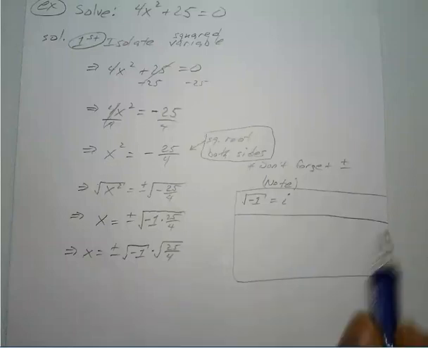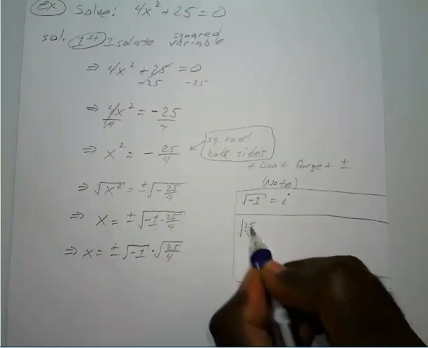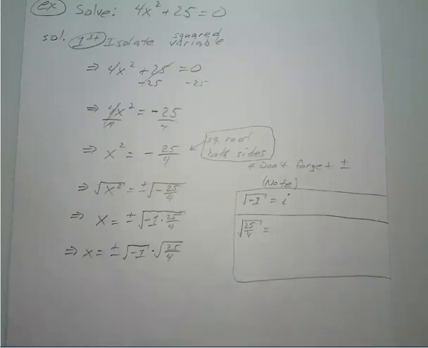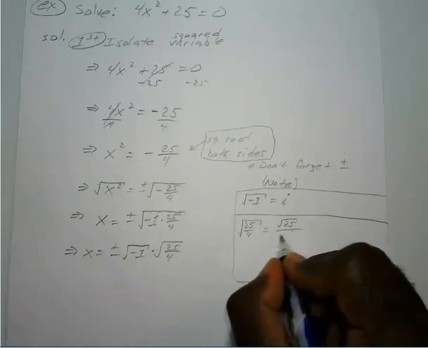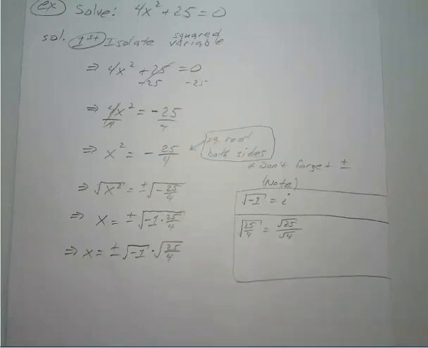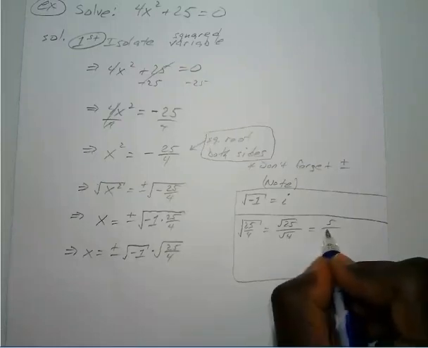Okay, and also if you remember, the square root of 25 over 4 is equal to the square root of 25 over the square root of 4. The square root of 25 is 5 and the square root of 4 is 2.